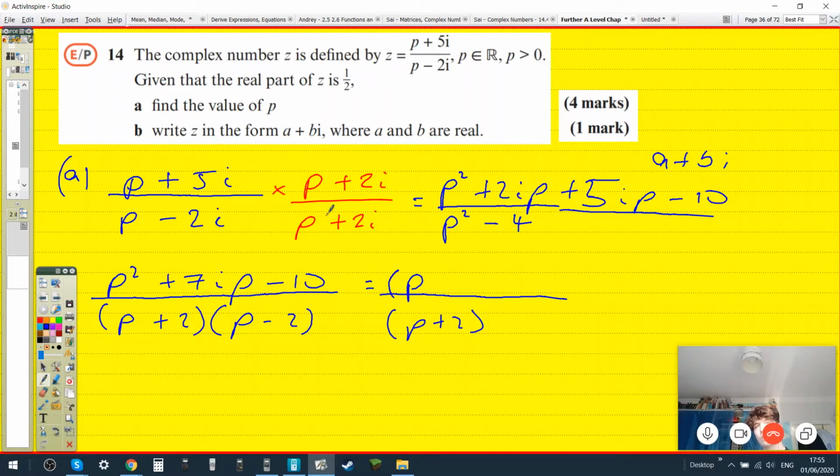Should this be plus 4 on the bottom? Yeah, that should be plus 4. So the bottom doesn't factorize that way. p squared plus 4. Let's see.